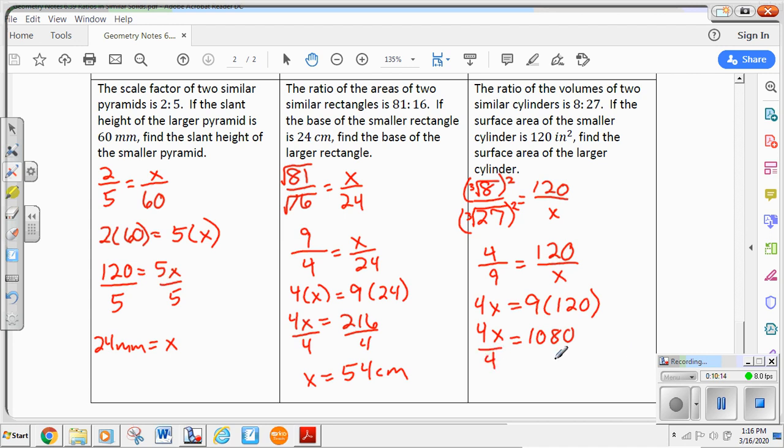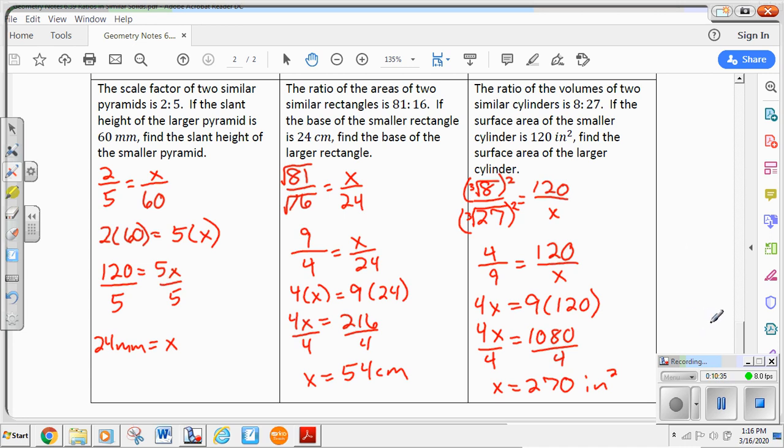Divide both sides by 4, and x is 270 inches squared. So a three-dimensional ratio became a match to a two-dimensional ratio by taking the cube root and then squaring it.